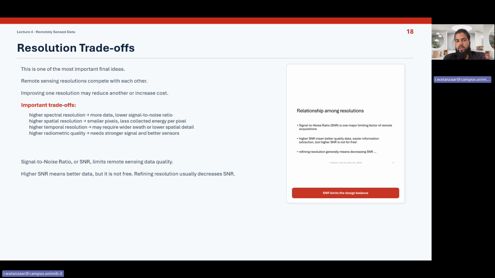So if we increase the spectral information, we lose spatial. If we dominate the spatial, we lose spectral. And if we look for temporal information, we again lose spatial and need a wider swath and higher radiometric quality. In that case, we need a better sensor and better signals to capture.